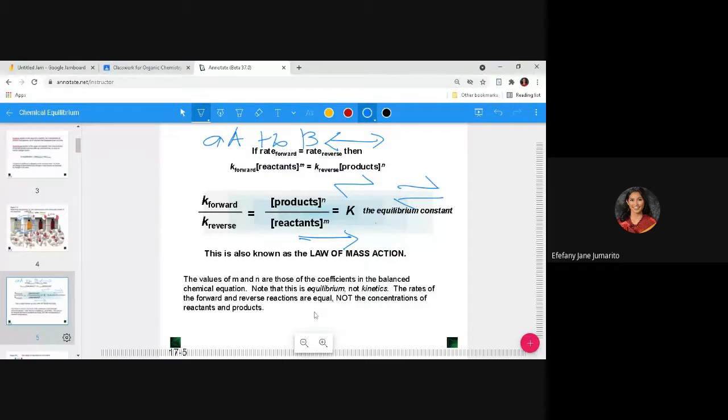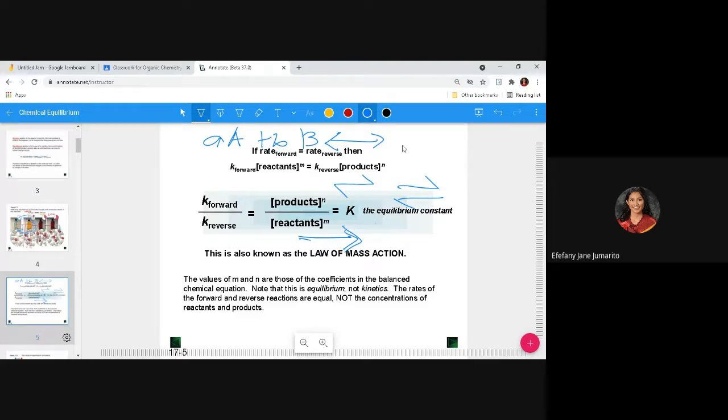If we light a candle, then we produce heat and light. It cannot go backward. Di na mobalik ang na-melt na carbon. So it's just unidirectional. This one is. So we have this arrow, but in a reversible reaction, it can go forward and it can go backward. So the symbol is this one.